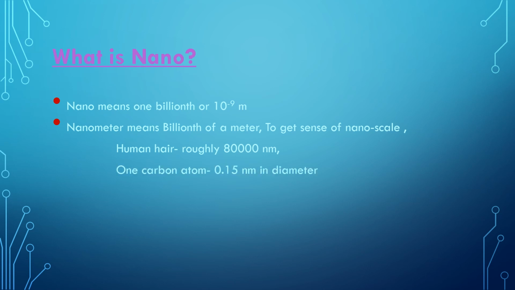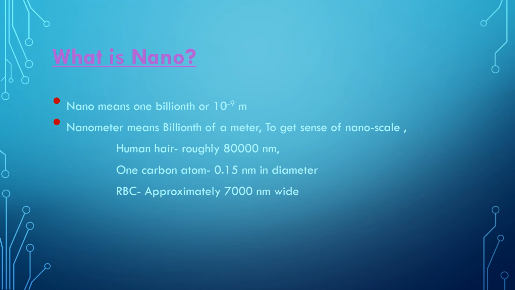Second example, one carbon atom. The carbon atom has a diameter of 0.15 nanometer. And third example is RBC. RBC is red blood cell, approximately 7,000 nanometer wide. So we are getting just a basic idea about how thin it is.